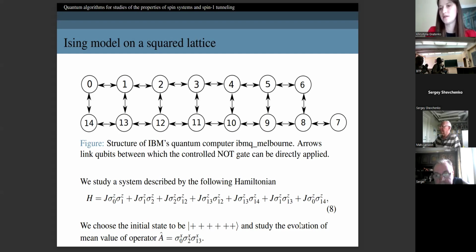You can check all these terms. But there are no other physical quantities which include this operator that you need in the future. You can also create another operator which anti-commutes, for instance, sigma y 0, sigma y 2, sigma y 13. The mean value of this operator in a quantum state is the correlator. So we considered that. Okay, thank you.